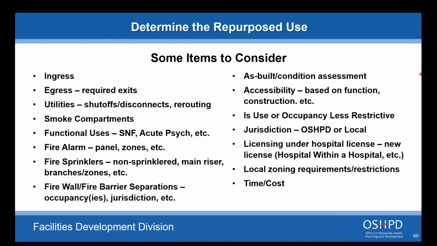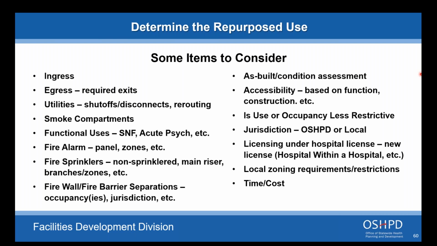As-built condition assessment should be done of all facilities that are going through the process. And you can have pre-meetings with OSHPD to determine to what extent you have to separate the buildings out. Okay, accessibility is big. If you're going to remove the building from acute care service and move it to a local jurisdiction, we found that most local jurisdictions want the building to be 100% accessible.